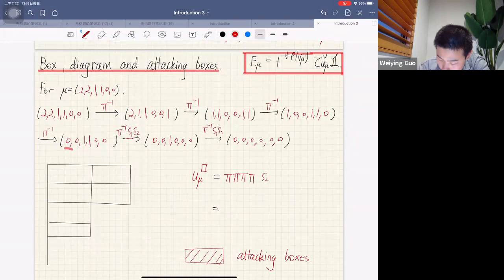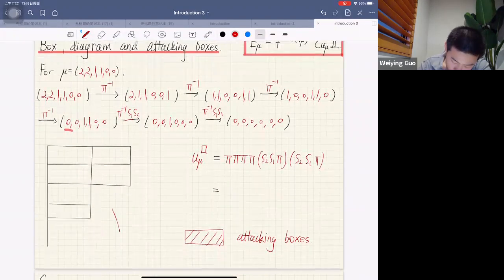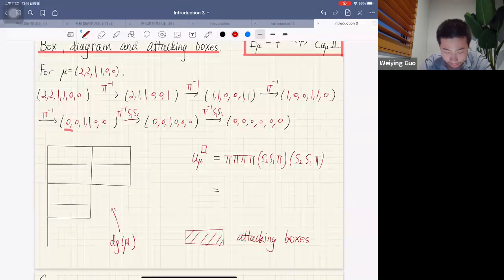Each time we remove a box. And then the diagram is simply dg mu, which in this case is this partition, 2, 2, 1, 1, 0, 0.